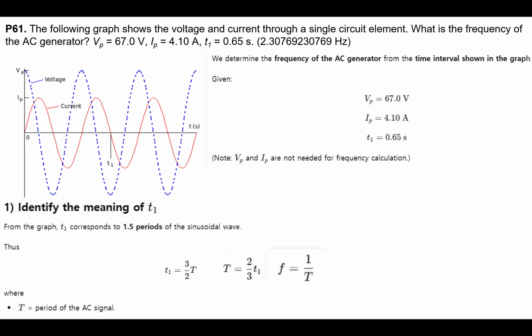Okay, so VP and IP are given, and T1 is given. T1 is here.